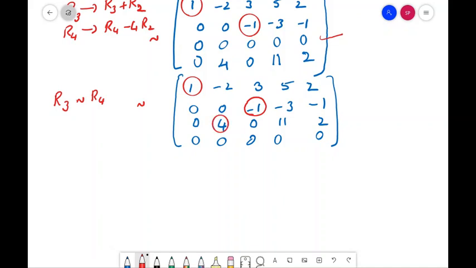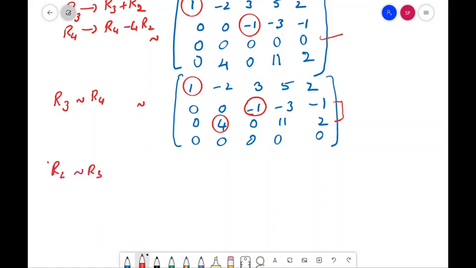But the pivot position in the third row should be to the right of the pivot position of the second row. It is wrongly placed here, so how can we rectify this? We will just interchange these two rows, R2 and R3.